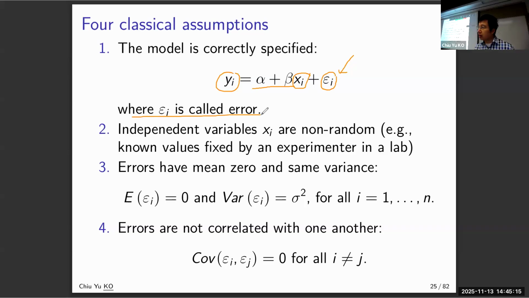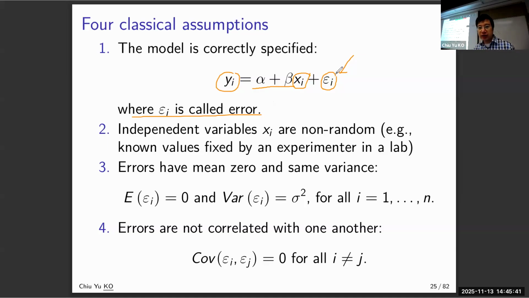It's called error. This is what we usually call the data generating process, which is how the data gets generated. You have some X, you multiply by beta plus some alpha, and have something we can't observe, some noise, and that's what you observe.